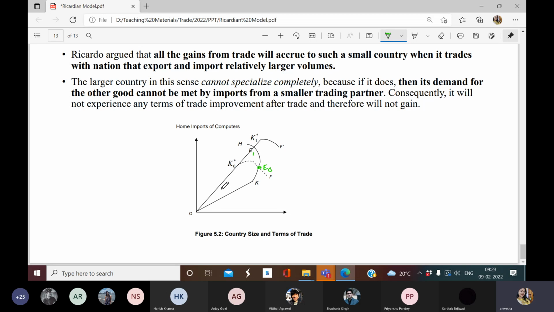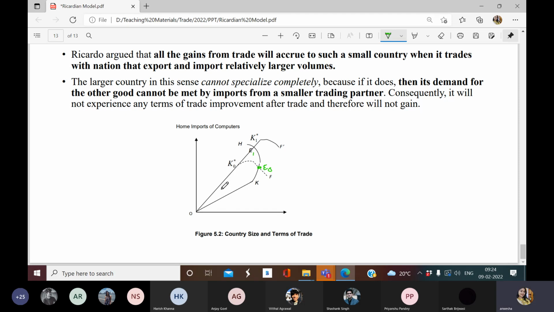It will also have to produce some amount of textile, so that its amount of computer production is also less. Therefore, the foreign country in this situation is now forced to be incompletely specialized. Incomplete specialization means you are producing both the goods, and it cannot take the advantage of price difference.